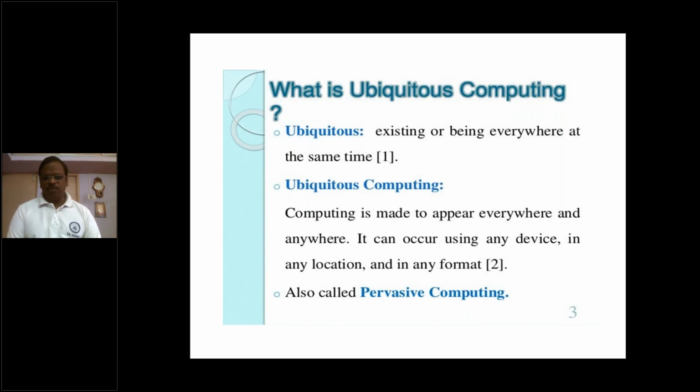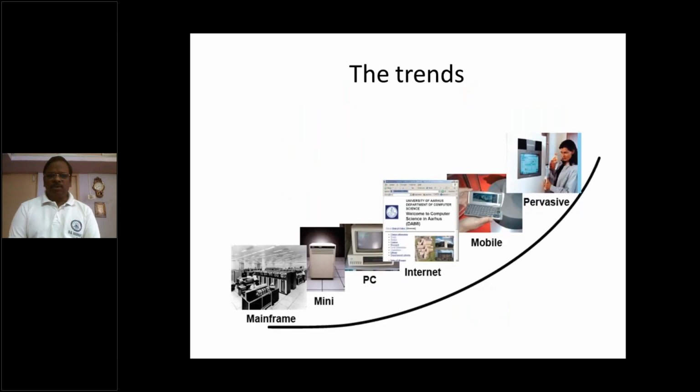What is pervasive computing? Now the trends: initially, the invention of the computer was actually based on mainframe computers. From mainframe computers, people invented minicomputers, that is, multi-user operating systems.